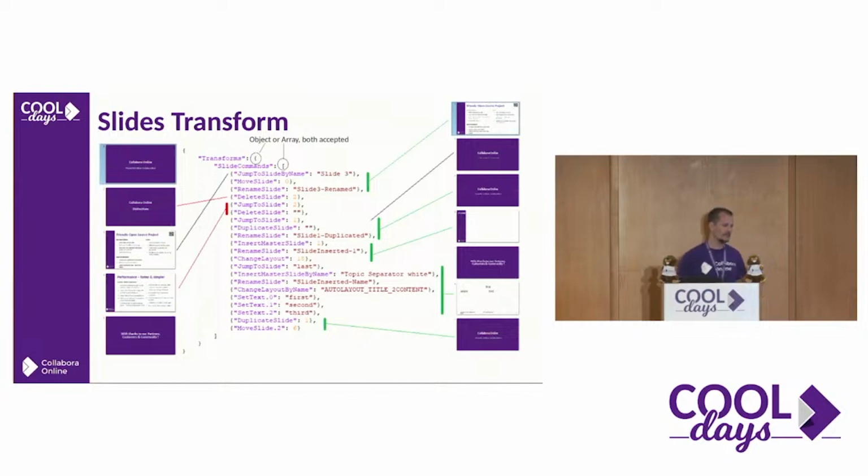I try to show with lines which slides are affected by these commands. And one note: I showed curly brackets and square brackets, which I used sometimes confusingly. In several places both are accepted.